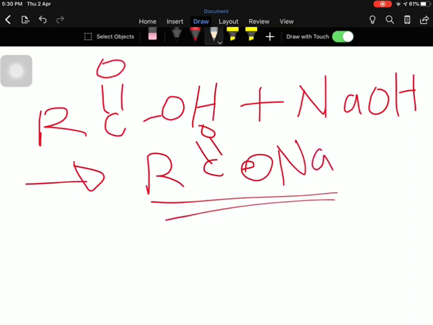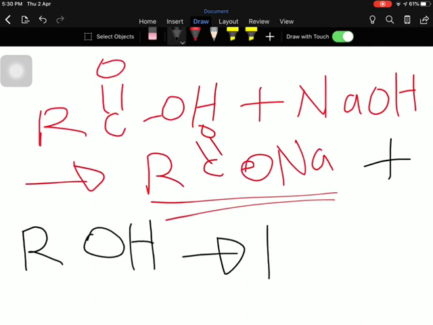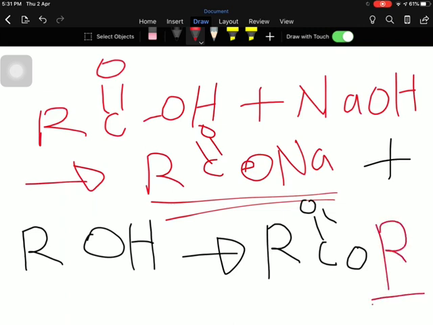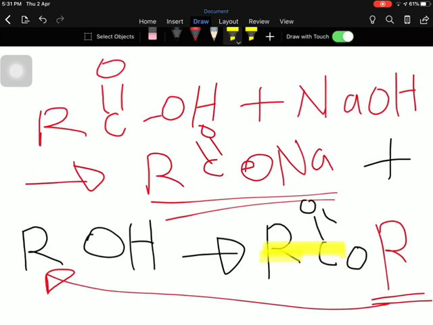This reacts with any alcohol, ROH, to get RC double bond O R. This R is from the alcohol, and this part is coming from the acid.